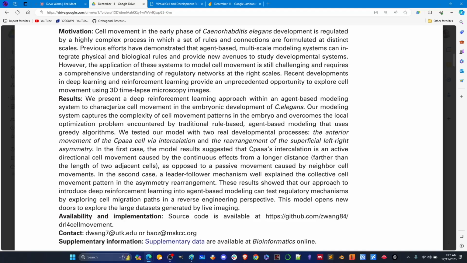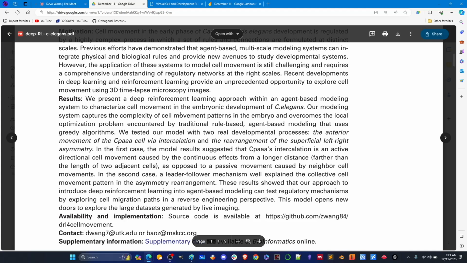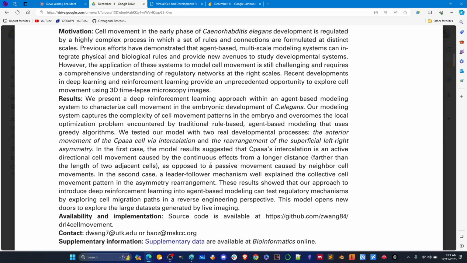So if a cell divides, the daughter cells will move to the left hemisphere and the right hemisphere. Or you'll get cells that migrate from one part of the connectome to another region. The shape changes, those involve a lot of movements. We want to be able to characterize those. But of course, those all depend on rules between cells interacting in space.